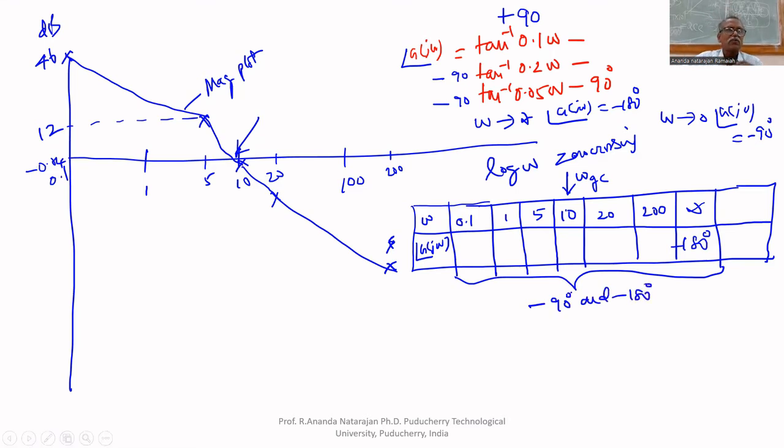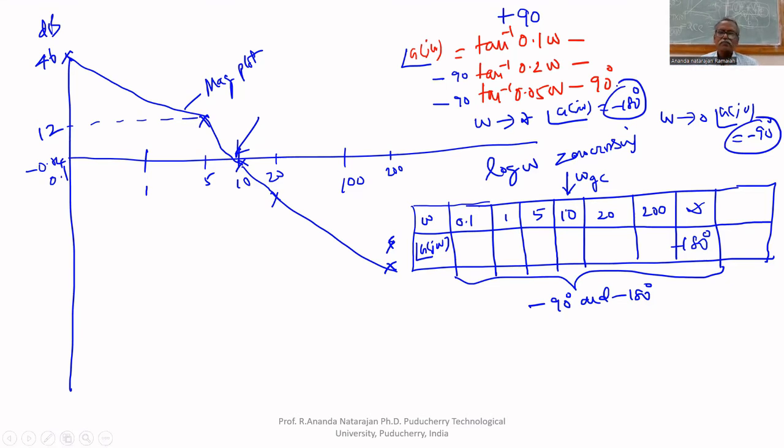If you get any other value, maybe mistake. That's why you should be careful. So it is better to find for omega equal to 0 and omega equal to infinity, so that you will know the range of angle. So the range of angle is minus 90 to minus 180. If you get any other angle, it's wrong.